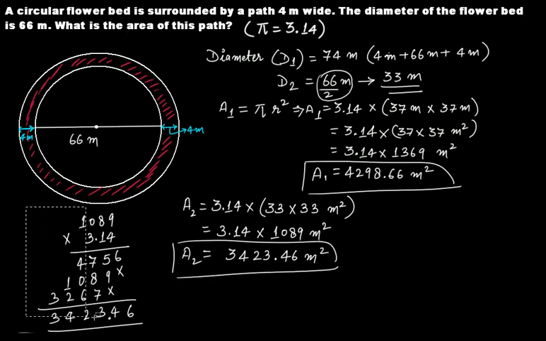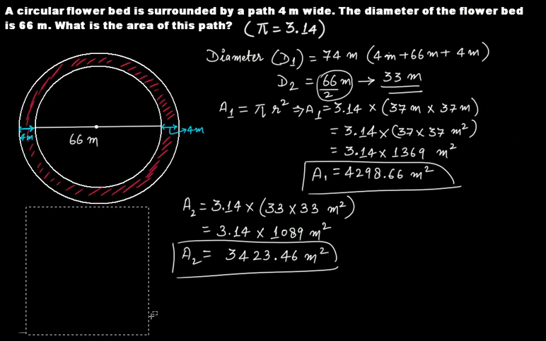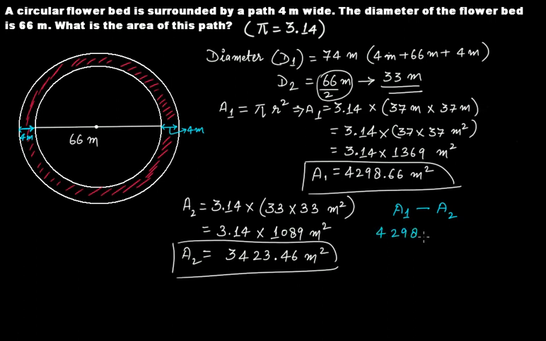Now, if you subtract the area of the smaller circle from the area of the larger circle, that is, if you do A1 minus A2, then you get the area of this shaded region. A1 is 4298.66 meters square, right? And you have to subtract 3423.46 meters square.